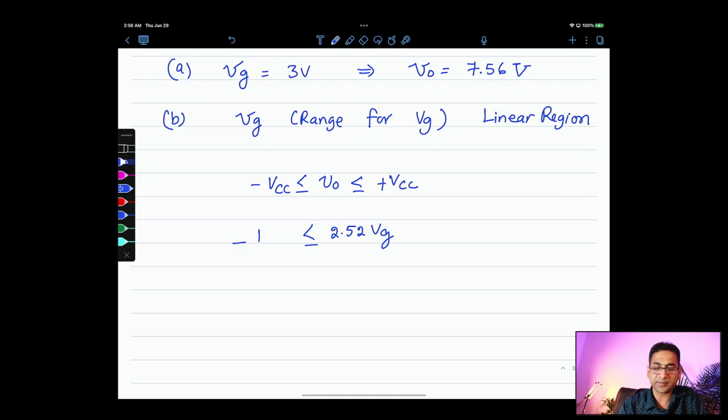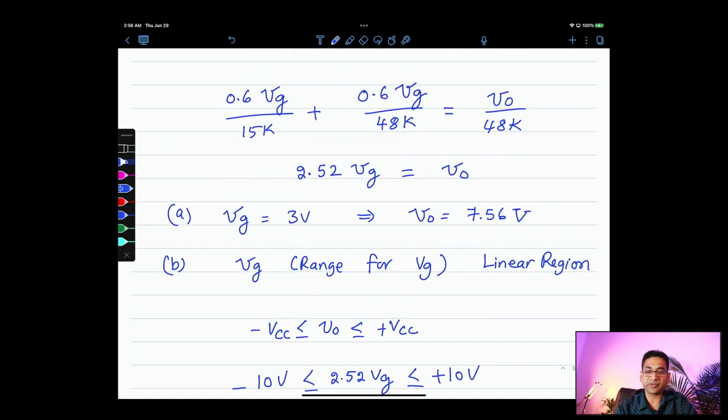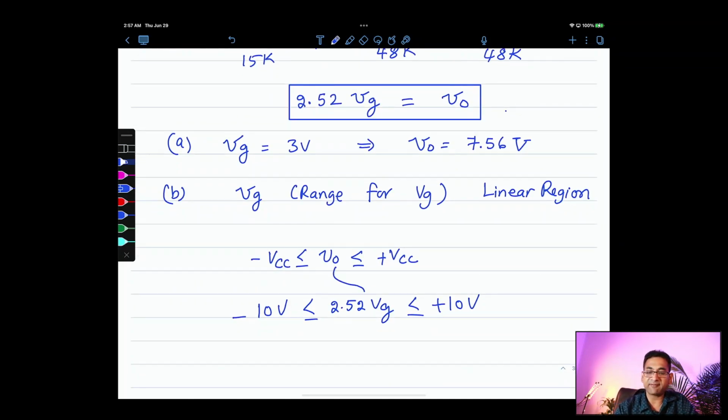Negative 10 volts should be less than or equal to 2.52 Vg, which is in turn less than or equal to positive 10 volts. I got this V output equals 2.52 Vg earlier, and that is how I plugged in the value of 2.52 Vg.